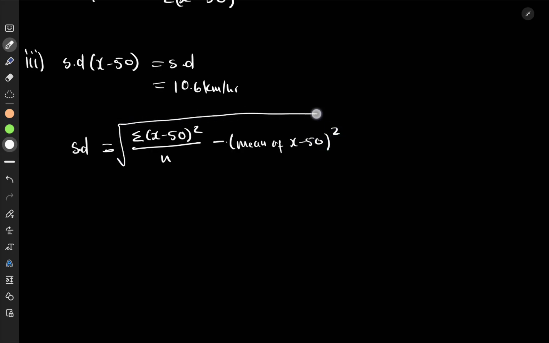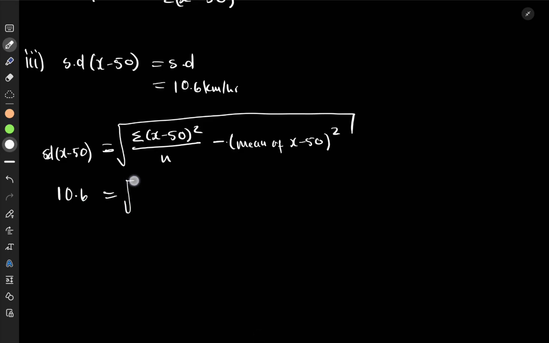Remember, because we are dealing with x minus 50. We've been told that the standard deviation of x minus 50 is just 10.6.